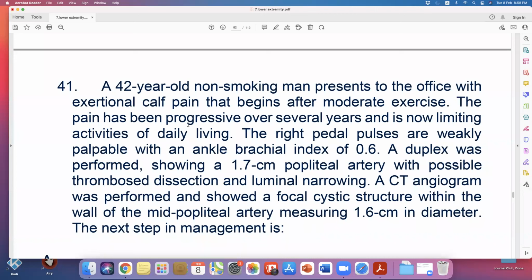I think it's better to take off the whole segment of the involved artery and put in a bypass. Yeah, it's better, because the problem is that recurrence may occur in these cases. So personally, I transect the artery and I put a prosthesis, a bypass.